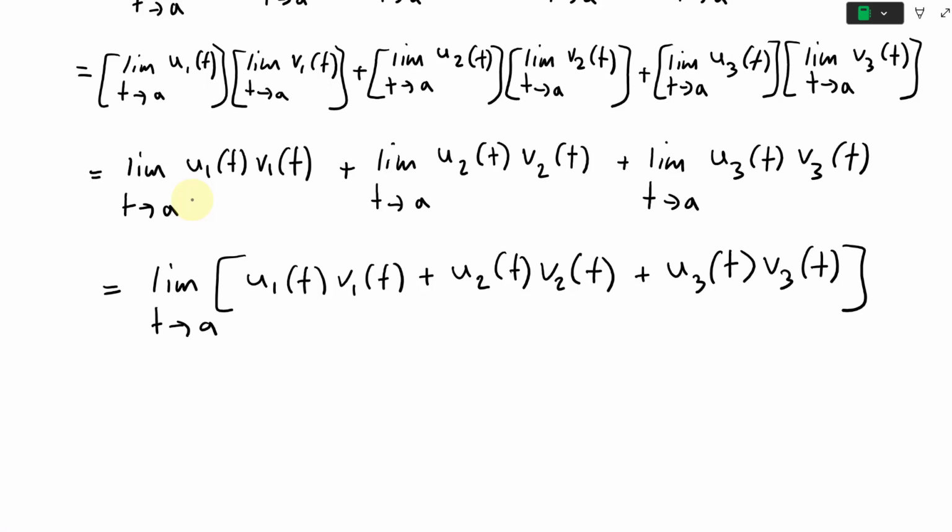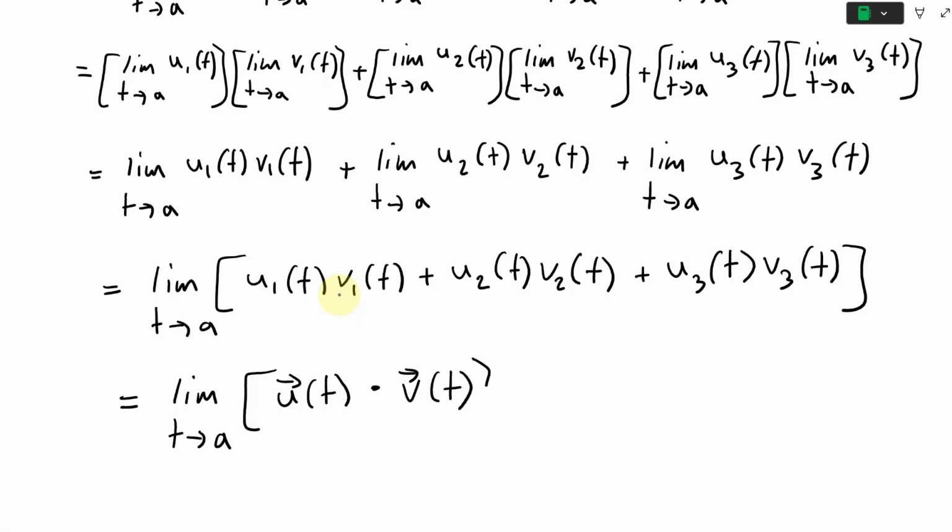In other words, this is just the limit as t approaches a of the dot product of the vector functions u and v. You take the dot product of these two vector functions, and then take the limit. So same thing.